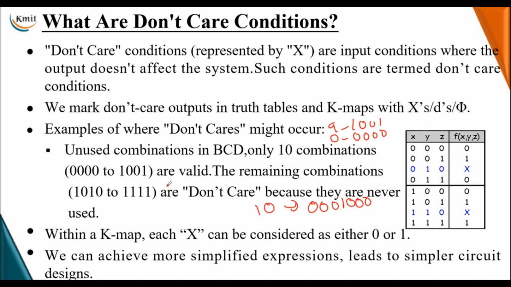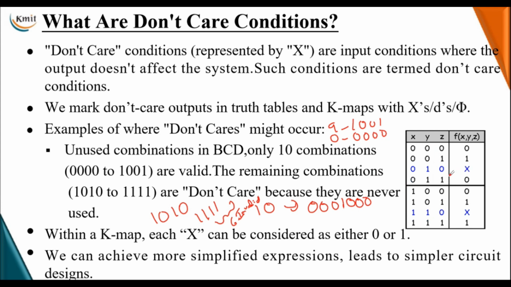So when you compare with binary, from 10, which is 1010 in binary, to 15, which is 1111 in the binary number system, if I count from 1010 to 1111 in total, I will have 6 invalid states in BCD. For these 6 input combinations, the functional values in BCD are not specified. Such output functional values are treated as don't cares, and they are marked with a D letter or with an X letter or with a phi letter.